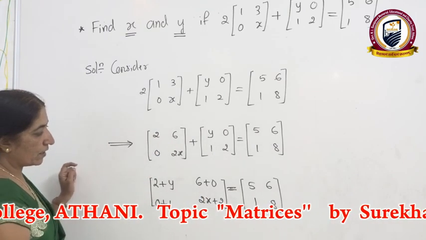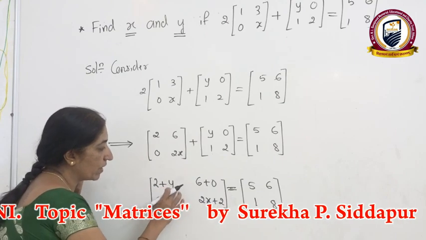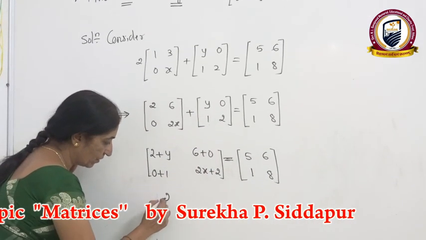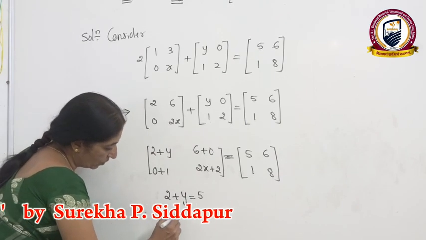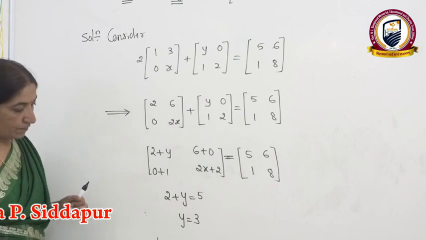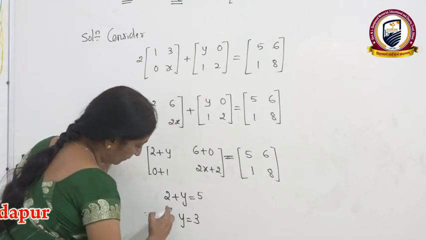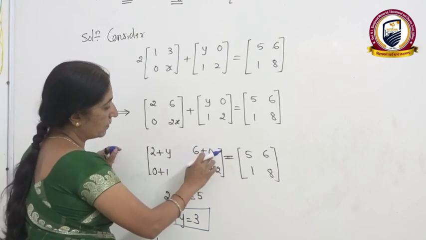Now equate the corresponding elements. See, what is the first element? 2 plus y. Here what is the first element? 5. 2 plus y is equal to 5. Then students, what is y? Y is 3. See the next one here, 6 plus 0 is 6.